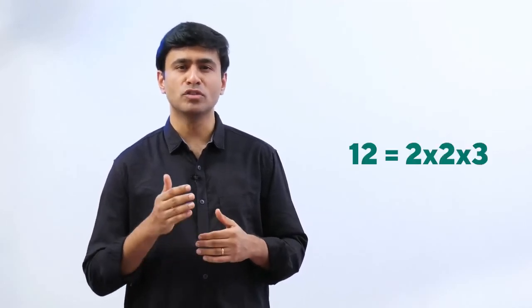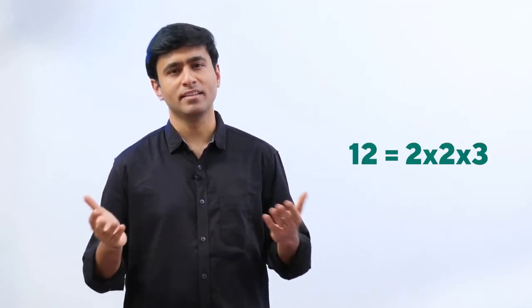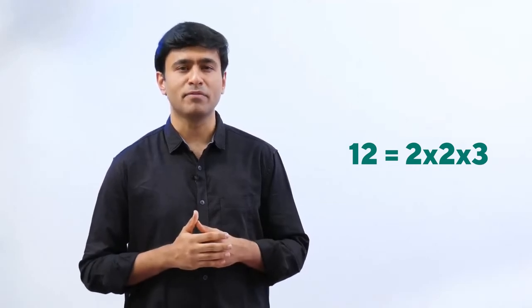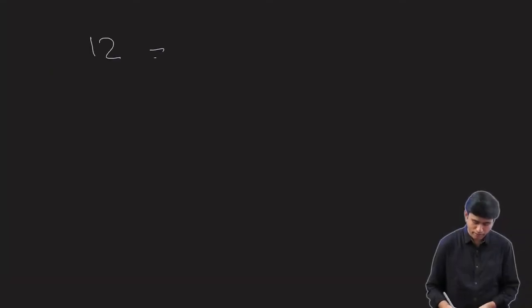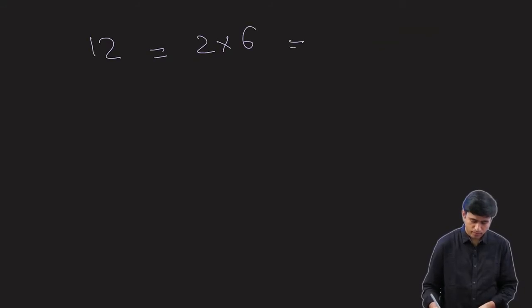So, what is prime factorization? Writing a given number as a product of two or more prime numbers is called prime factorization. The same 12 can be written as 2 into 2 into 3, that is prime factorization. So, when you write 12 as 2 into 6, these are the factors.